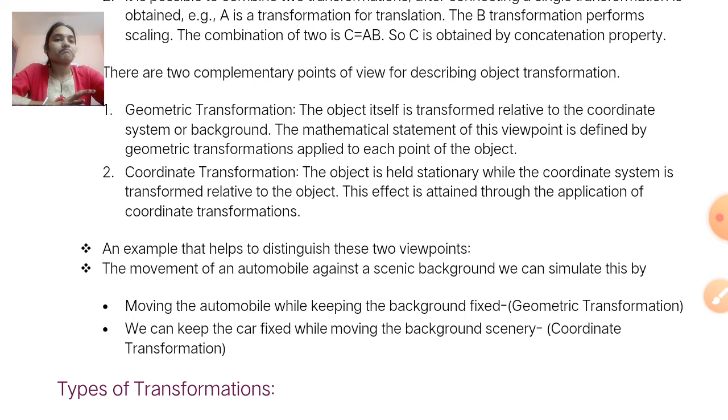For example, in a picture or scene, the object is moving but the background scene is fixed. This is known as geometric transformation.